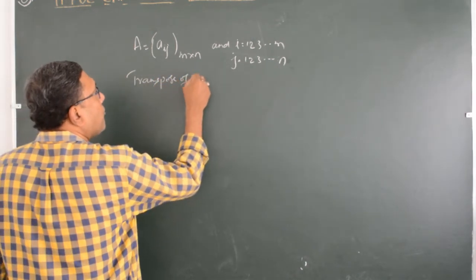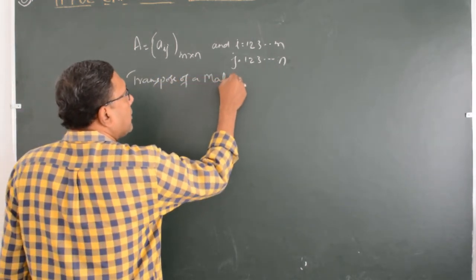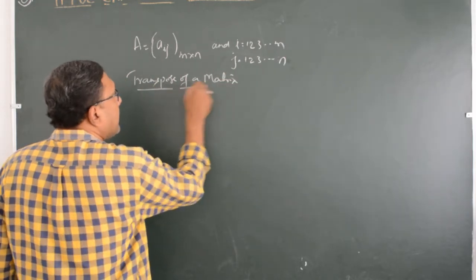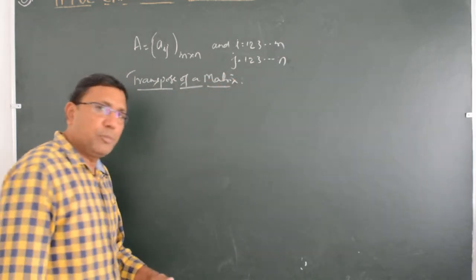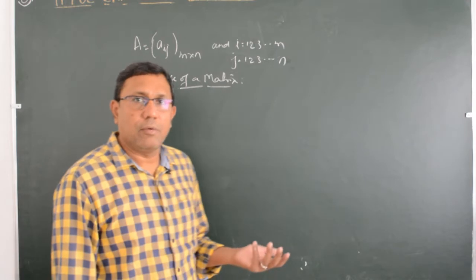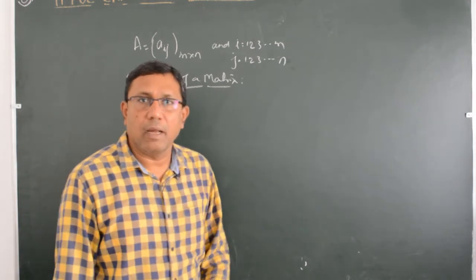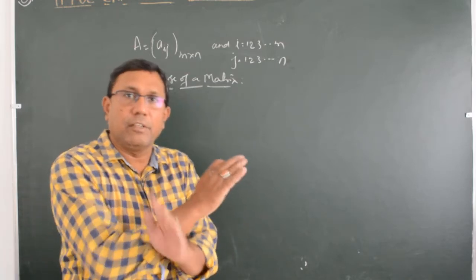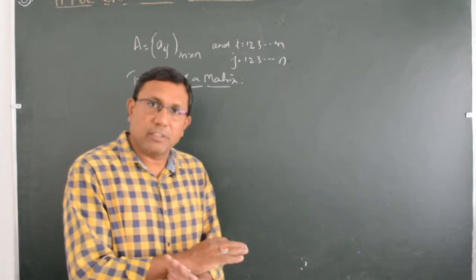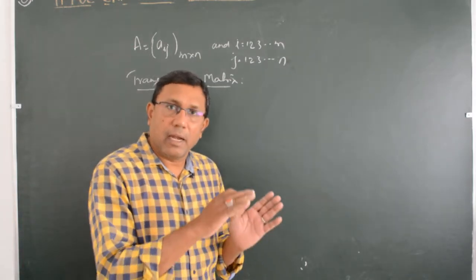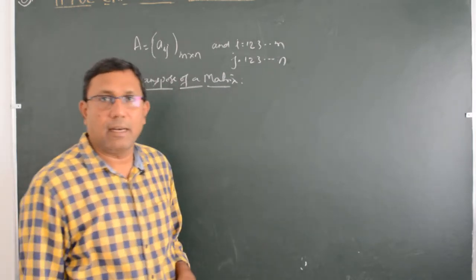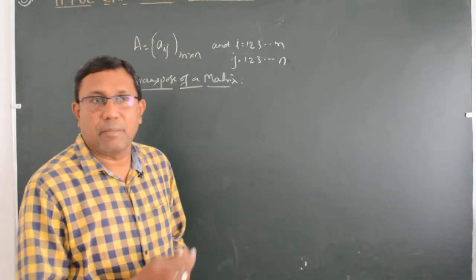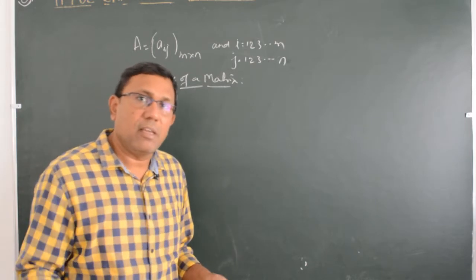Let us understand what is the transpose of a matrix. Given matrix A, assume that you have a matrix which has m rows and n columns. If you interchange the rows into columns and columns into rows, then we call that particular matrix the transpose of the original matrix.